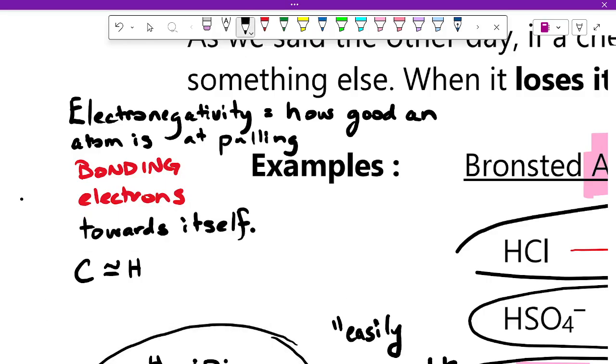Carbon and hydrogen are approximately equal. And then the three big electronegativities are nitrogen, oxygen and fluorine. You don't need to know this for grade 12, okay? You don't. But it's there if that's helpful for you later in your life.